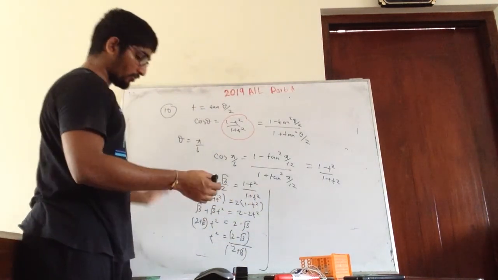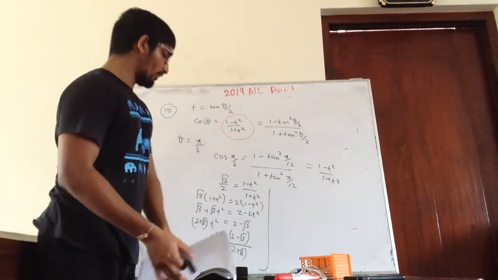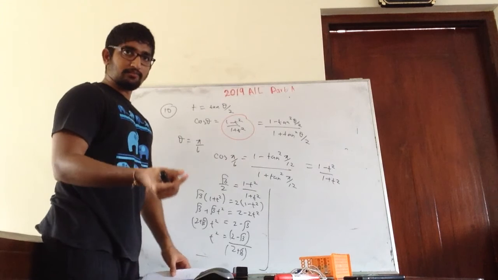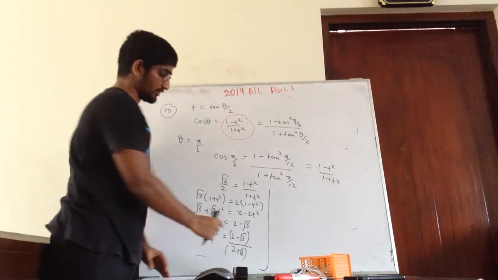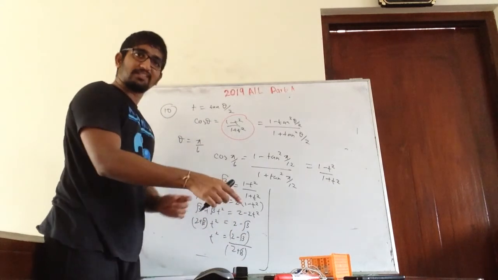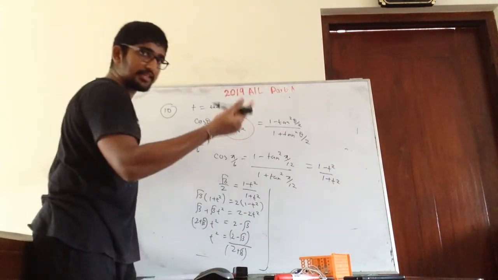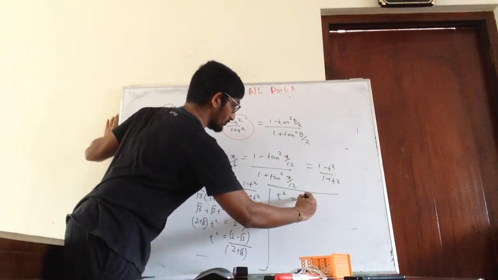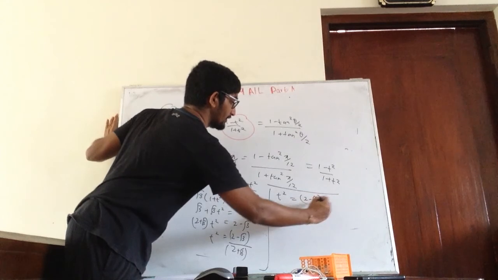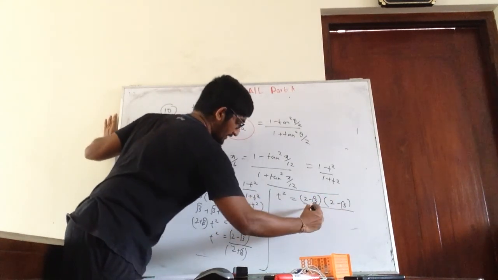Right. So what I need is t, no? Now I look at the answer, and I see that it has 2 minus square root 3. So that means obviously I need to have the square of it. Thinking in that line, I am going to multiply by 2 minus square root 3 in the numerator and also in the denominator.